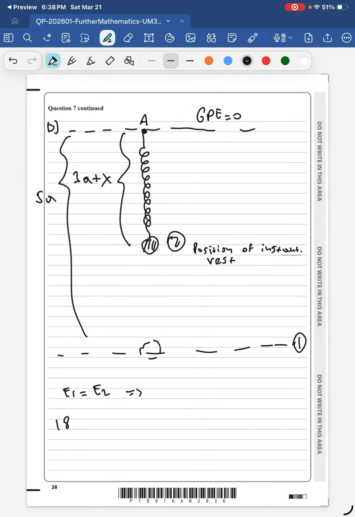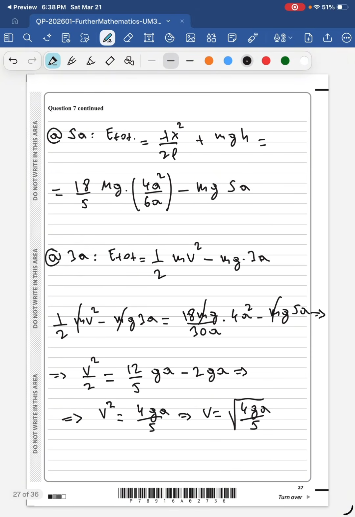It's 18mg over 5 times 2a squared over 6a, because it's extended by 2a compared to the natural length, minus mga times 5a. So the same as before, right? This is what we used. Yes, it's the same as before.